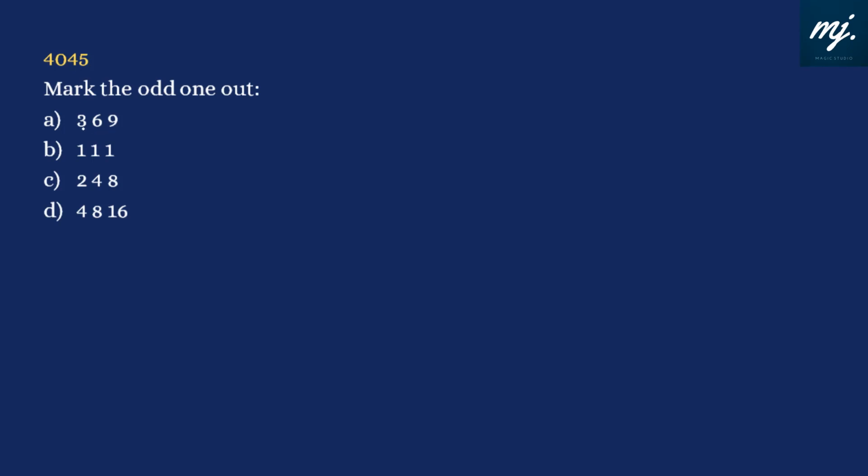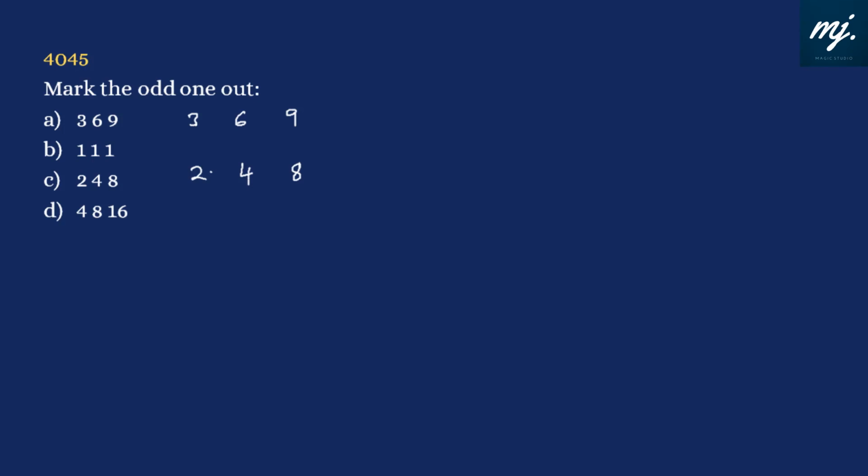Mark the odd one out. 3, 6, 9. It looks like an AP series, or the gap is of 3. 3 plus 3 is 6, plus 3 is 9. 2, 4, 8: 2 into 2 into 2, a GP series. Is this also a GP series?